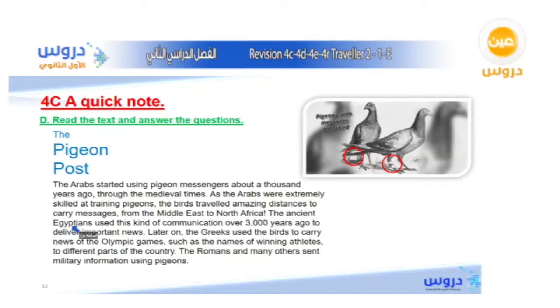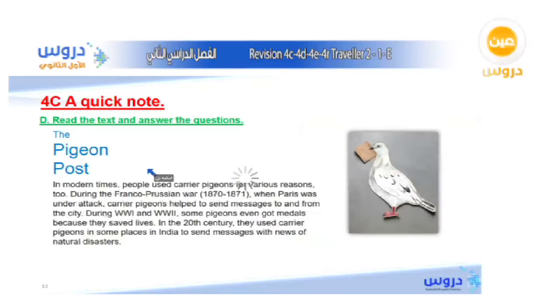The ancient Egyptians used this kind of communication over 3,000 years ago to deliver important news. Later on, the Greeks used the bird to carry news of the Olympic Games, such as the names of winning athletes, to different parts of the country. The Romans and many others sent military information using pigeons.